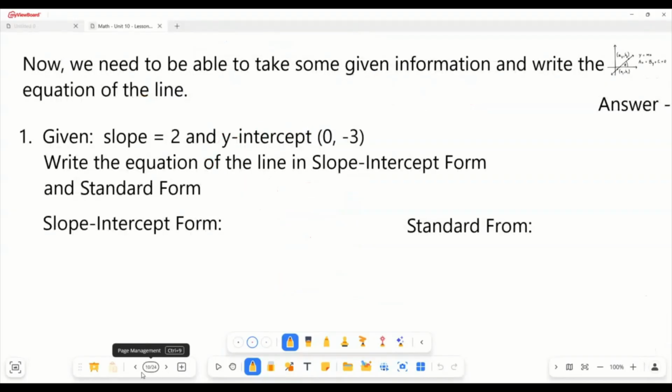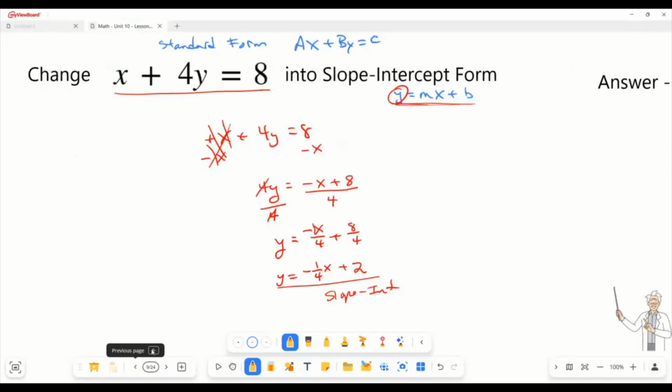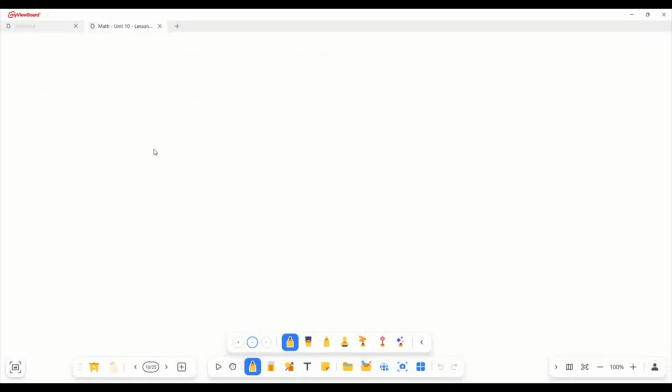Let's see if we have another one. No, let's practice a couple more of those. y equals 2/7 x minus 3.